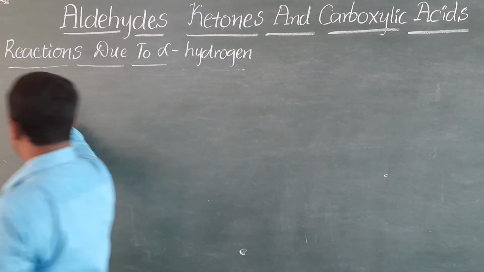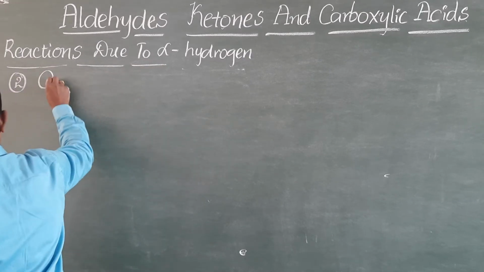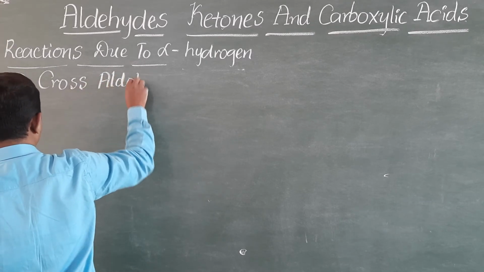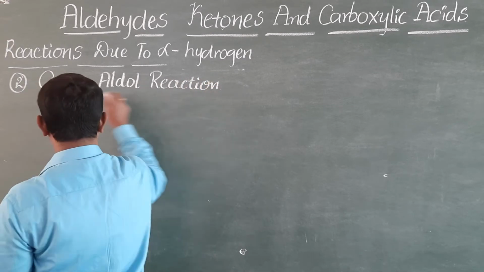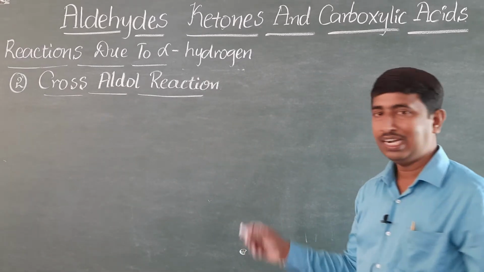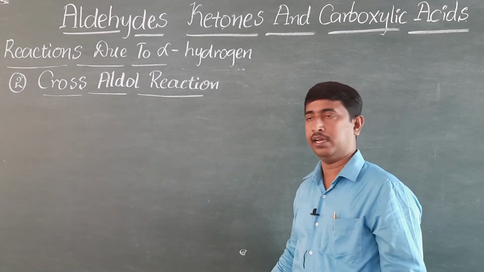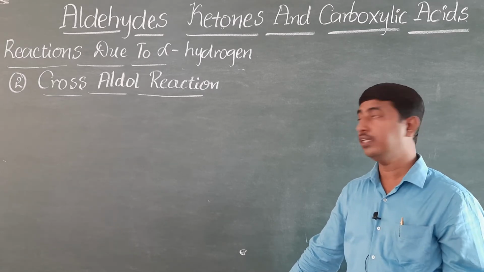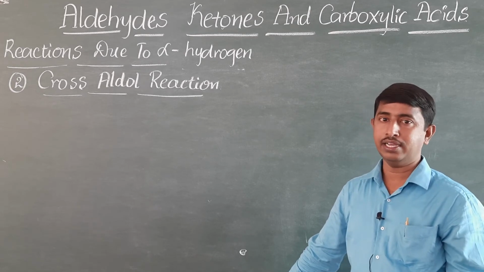Next, the second reaction, that is reaction due to alpha hydrogen. That reaction is named cross Aldol reaction. Cross Aldol reaction means Aldol reaction taking place between two different aldehydes, two different ketones, or an aldehyde and a ketone.